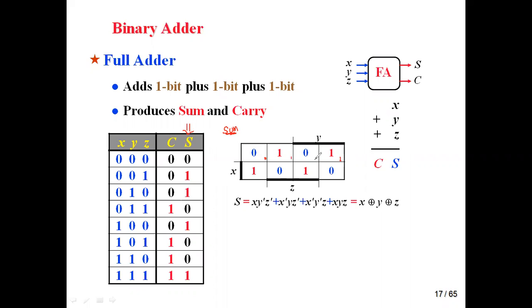You are familiar, no need of explanation for this. 4, 5 here, 6 will be here, and then 7, since the inputs are 0, 1, 2 till 7. 0, 0, 1, 1 will be here, 2, 2 will be here, 3, sum is equal to 0.